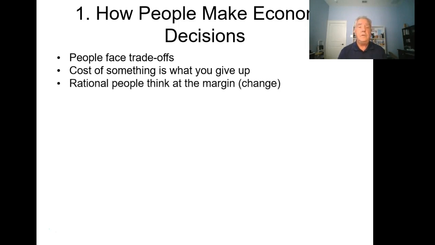Next, rational people think at the margin. Let's go back to the case of sugar cookies versus chocolate chip cookies. Chocolate chip cookies are more expensive than sugar cookies. So we have to think at the margin. If they're 50 cents more for chocolate chip versus sugar cookies, that is the change between the two.